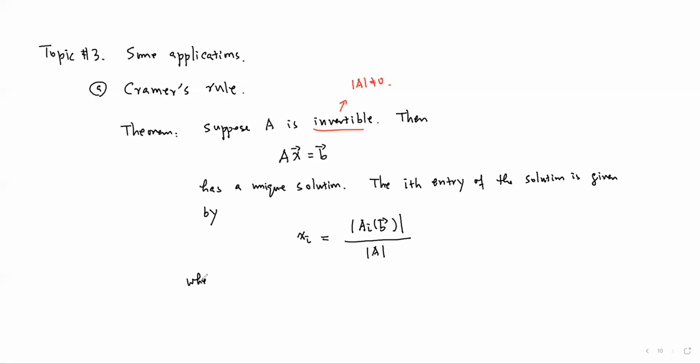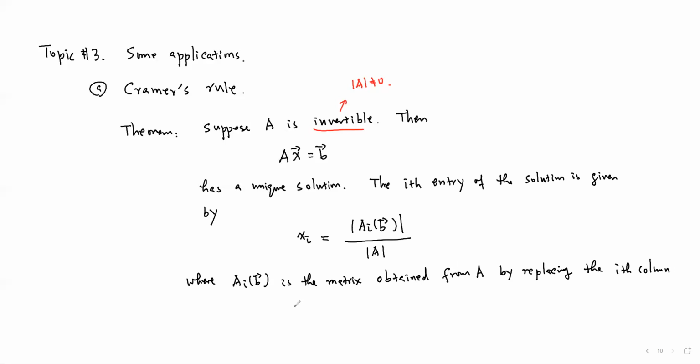Okay, where A_i(B) is the matrix obtained from matrix A by replacing the ith column of A by vector B. Say for example, matrix A, first column A1, second column A2.